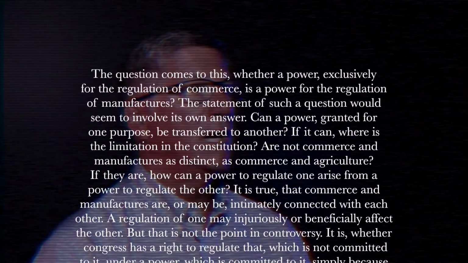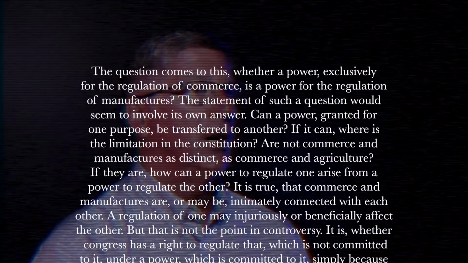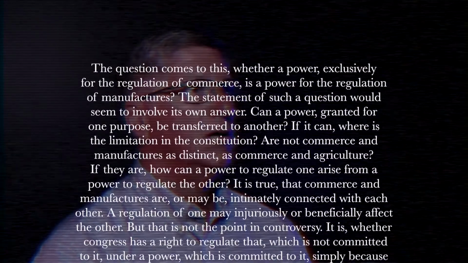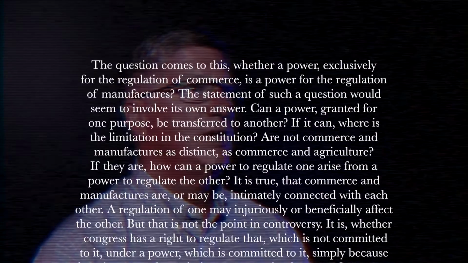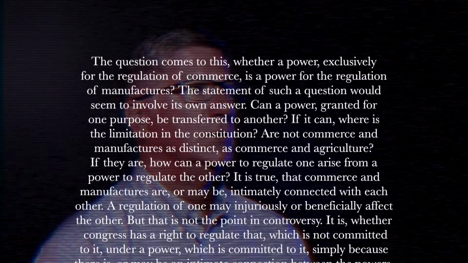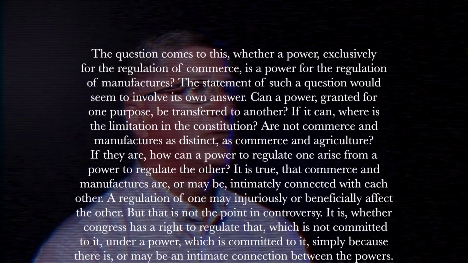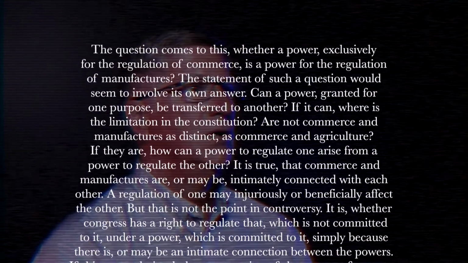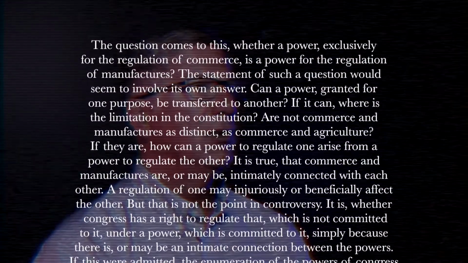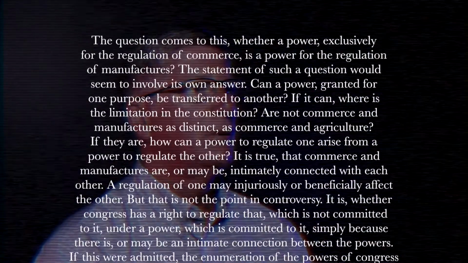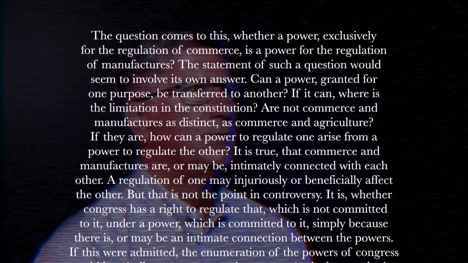Can a power granted for one purpose be transferred to another? If it can, where is the limitation in the Constitution? Are not commerce and manufacturers as distinct as commerce and agriculture? If they are, how can a power to regulate one arise from a power to regulate the other?